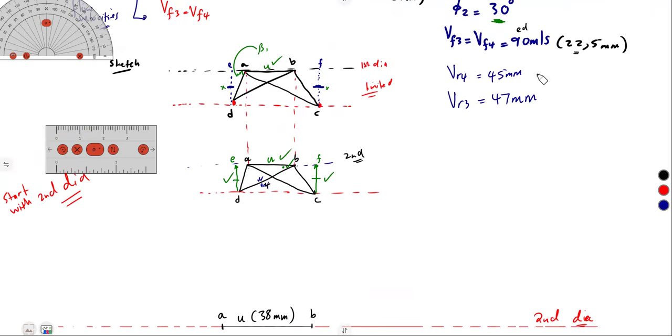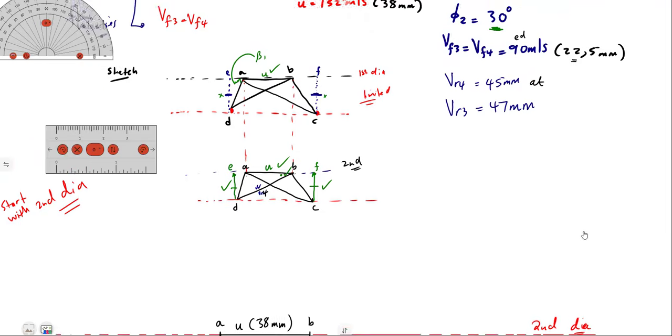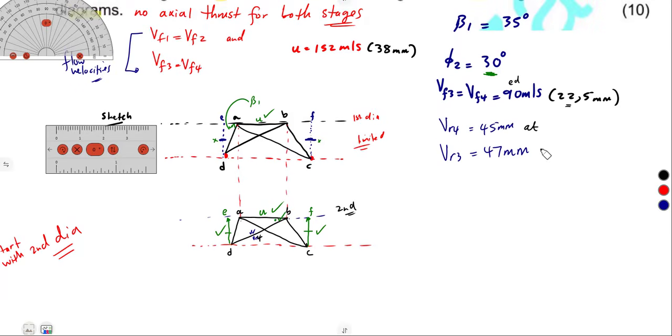This one, VR4, is at angle phi 2, which is 30 degrees. Sorry, I need this one. I'm talking about VR4 at this angle.